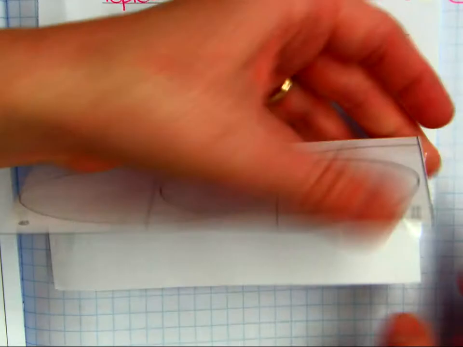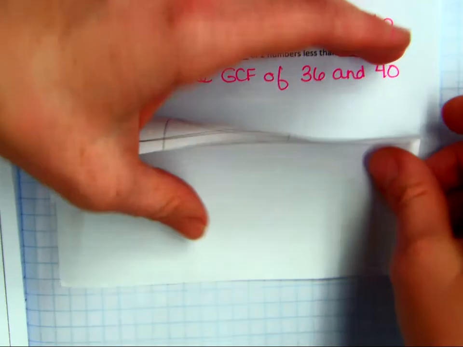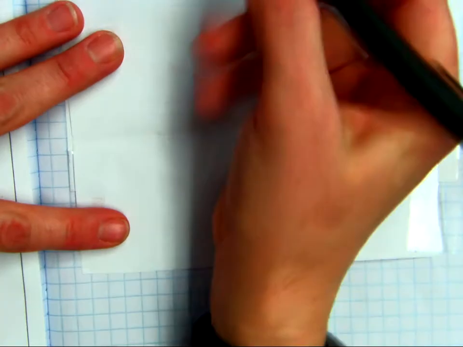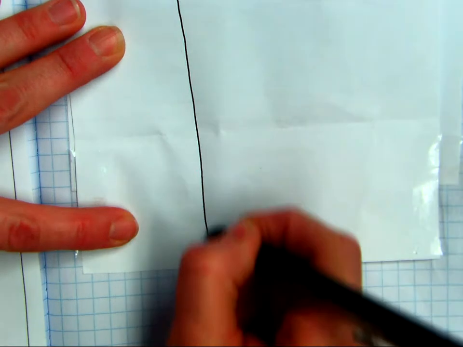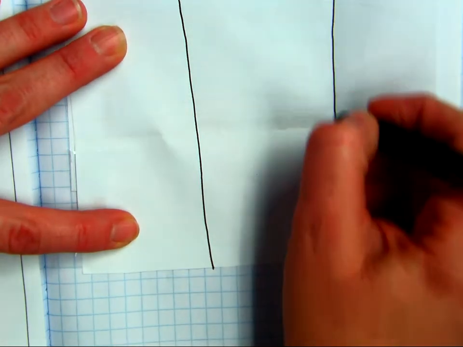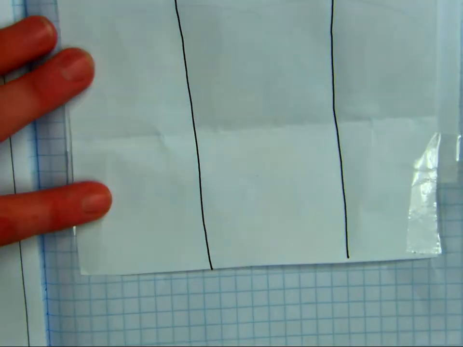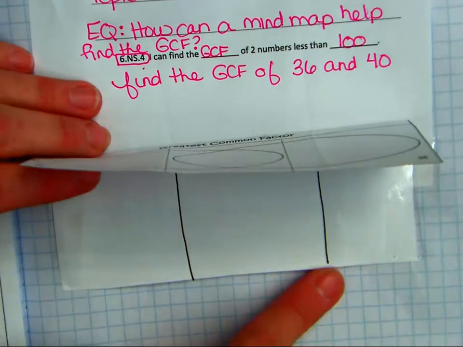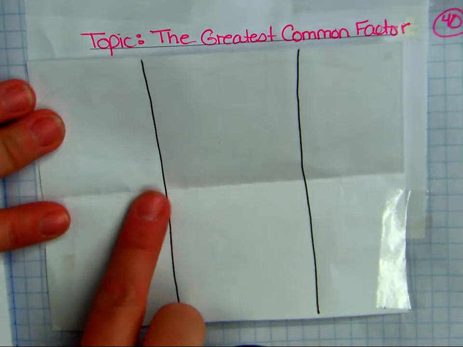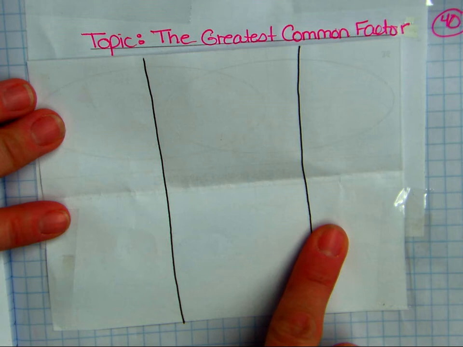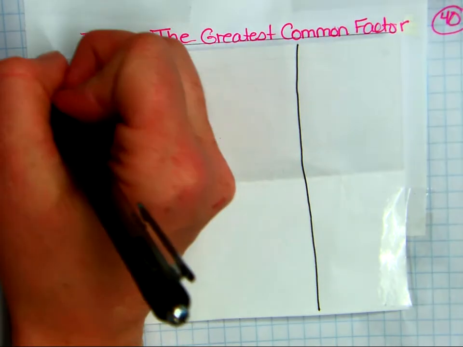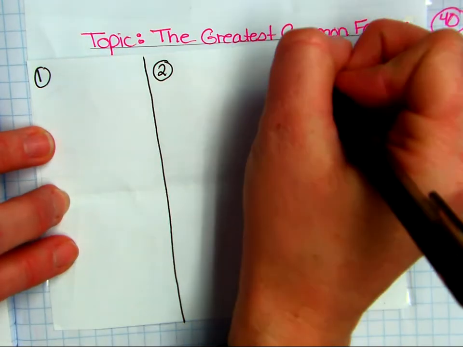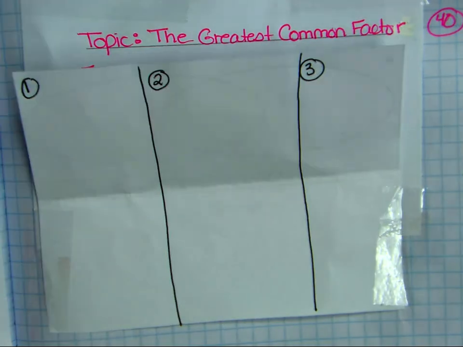And I'm going to now take my pen, and I'm going to divide this into 3 sections because there's 3 steps that we're going to do. So I took my foldable, I taped it on each side, I opened it up, and I put 3 sections on my foldable. Step 1, step 2, and step 3.